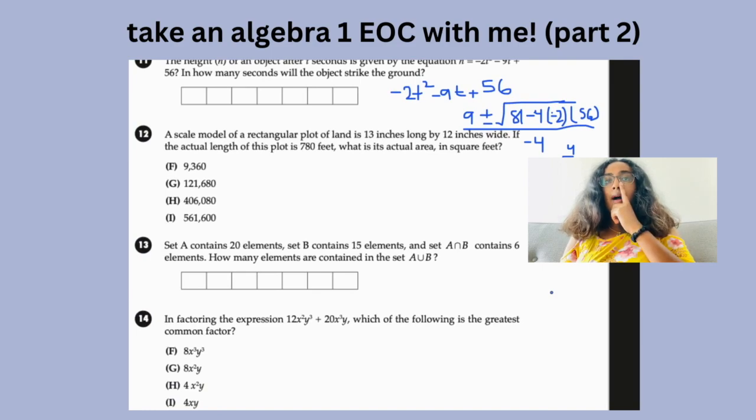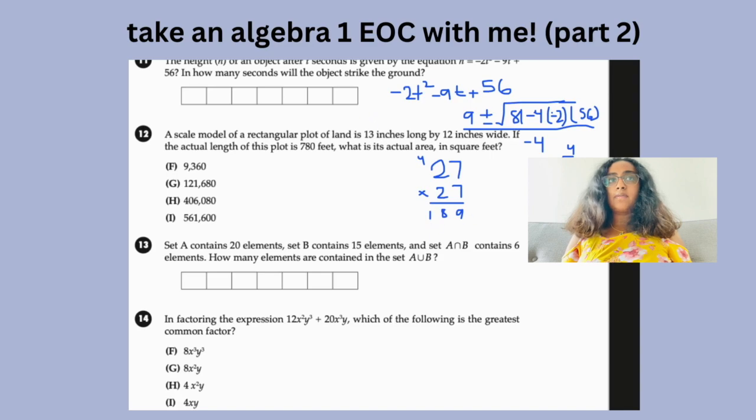So first I'm going to see if 27 is the root. I mean, it might not be, but 27 times 27... yeah, no, it's not. It could be 23 though. Let me try that. 23 times 23.